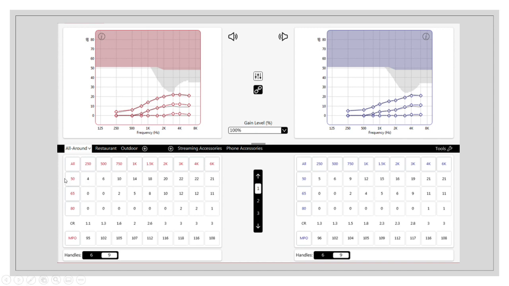For example, if we take 1 kilohertz, when I say 1 kilohertz, it is not exactly 1 kilohertz like in the audiogram, but this is the center frequency. So this is a band, the 1 kilohertz band. It will have a lot of frequencies whose center frequency is 1 kilohertz. So when I receive a soft level sound at 1 kilohertz, I amplify it by 14 dB.